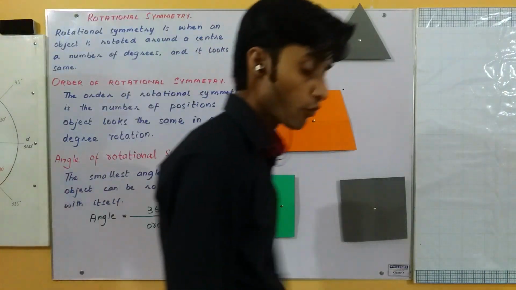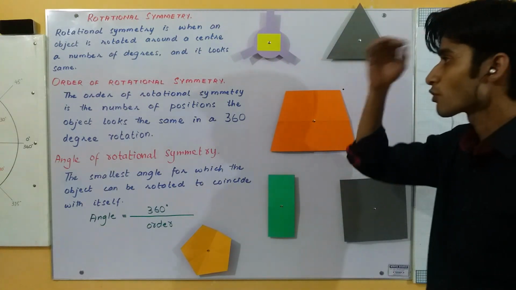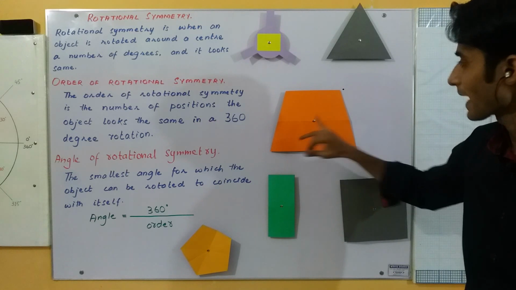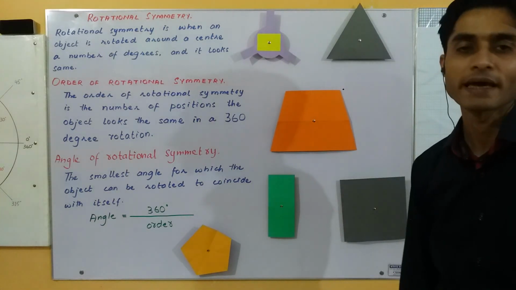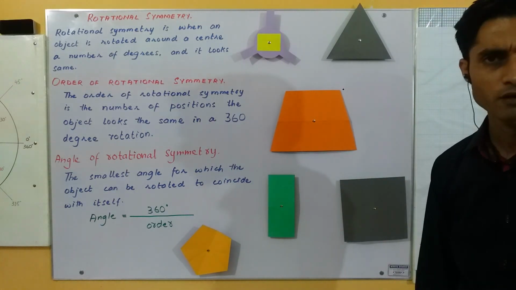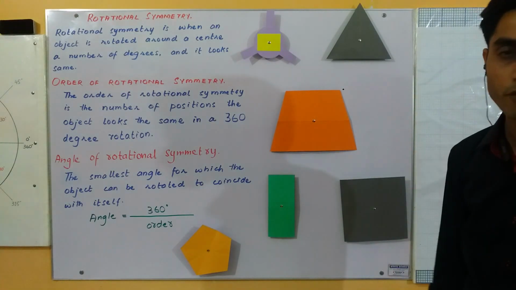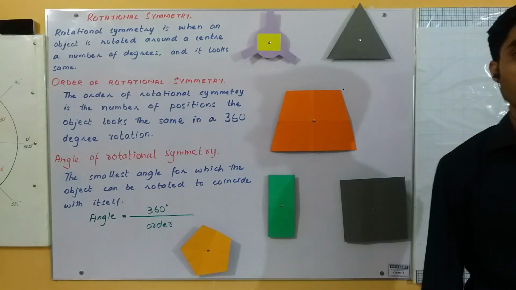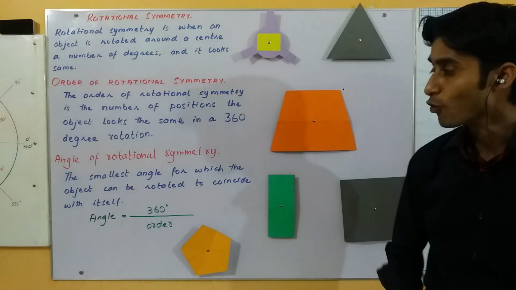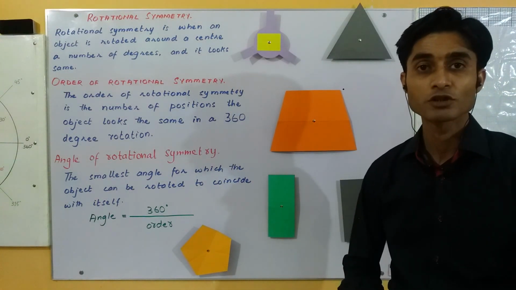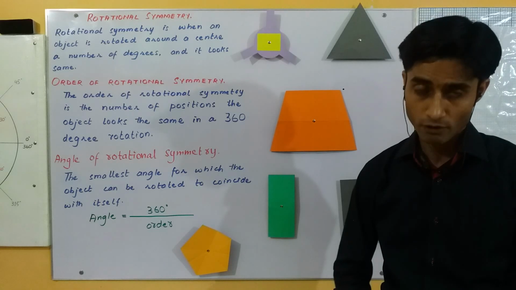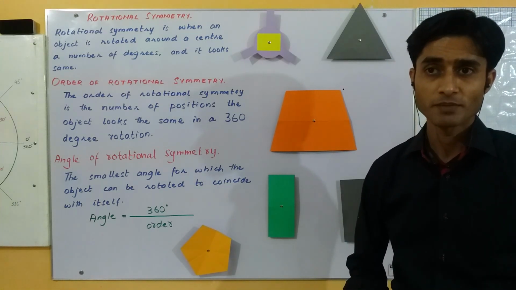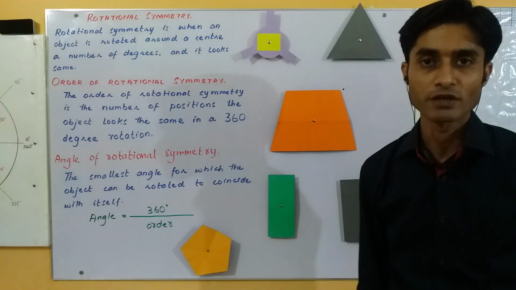Okay. So 3 things: what is rotational symmetry, what is the order of rotational symmetry, what is the angle of rotational symmetry, and one more thing, the center of rotation, the center around which the object is revolving. I really hope that now you have a much better understanding of rotational symmetry, angle of rotational symmetry, and order of rotational symmetry, along with the center of rotation.